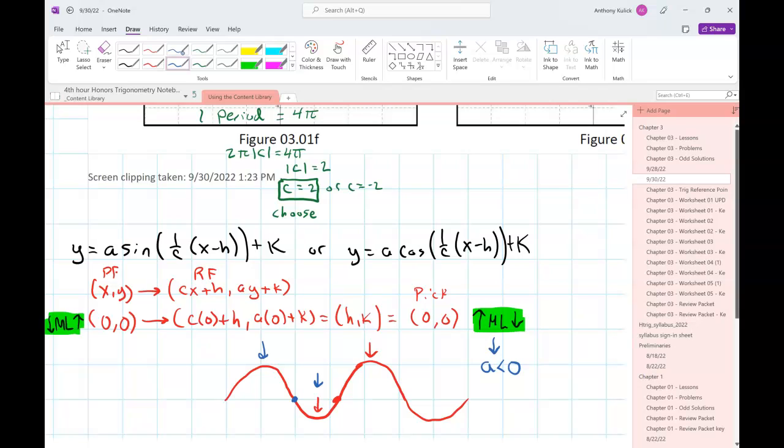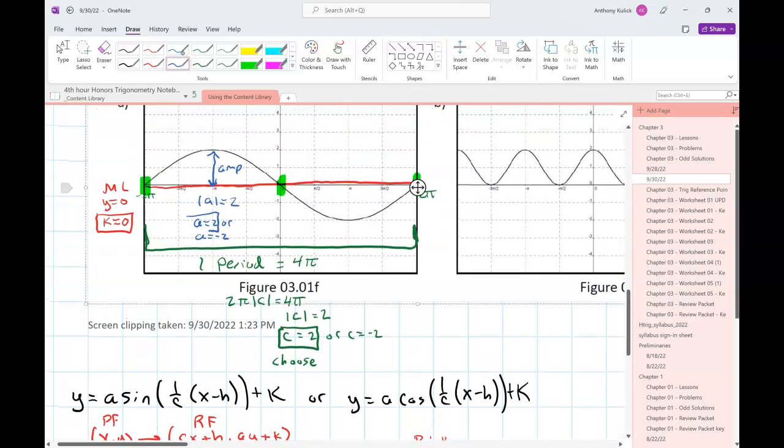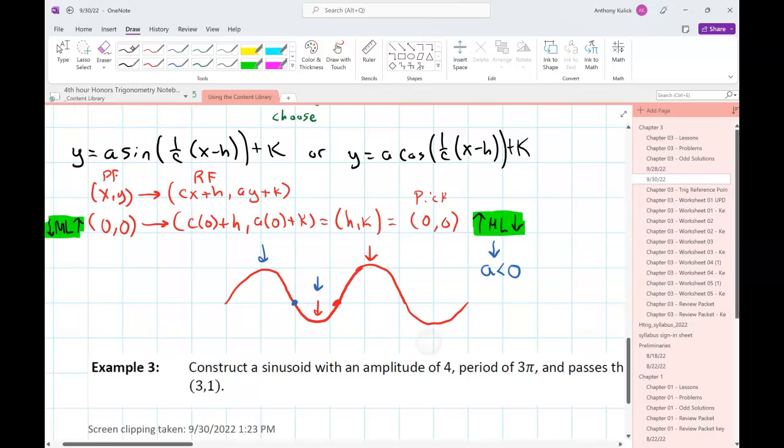Sophia: I'm sorry, could you explain the midline point up and down? Yes. So all I'm doing is describing what kind of midline point I have. Because if I look at the blue midline point here, I have a maximum, a midline point, and then a minimum. If I look at this midline point, I have a minimum, a midline point, and then a maximum.